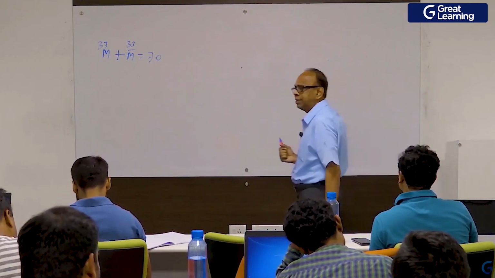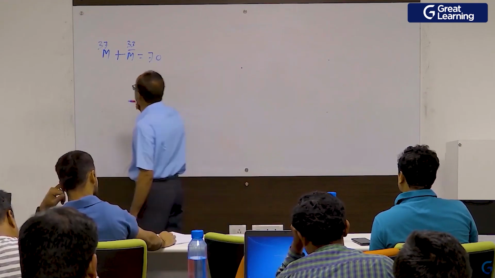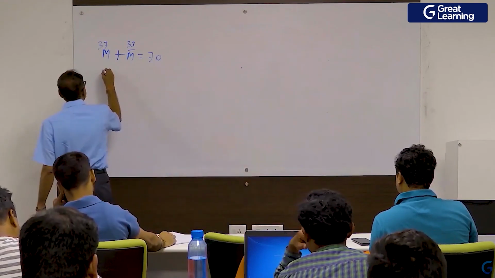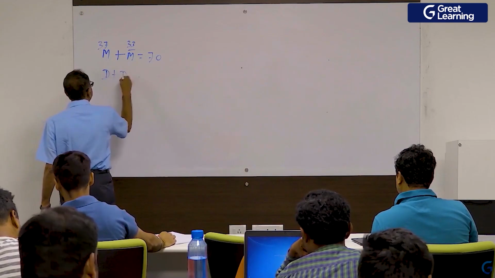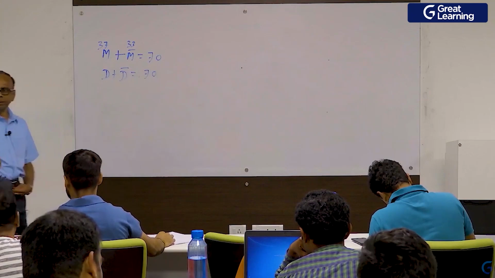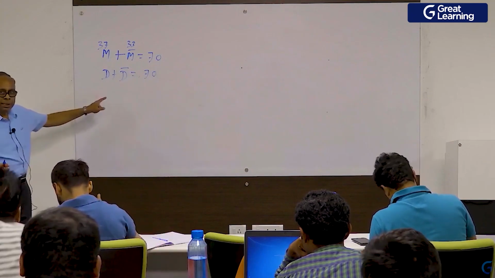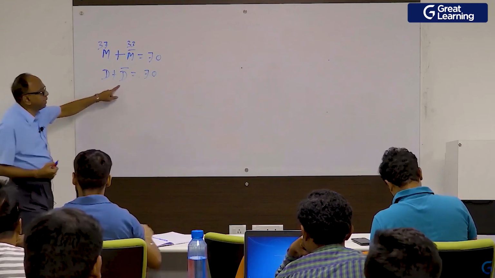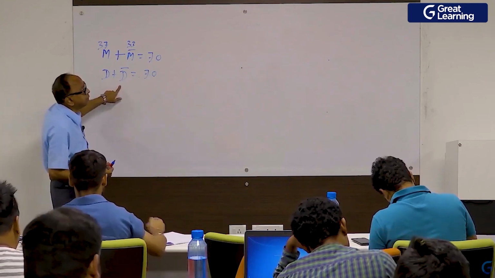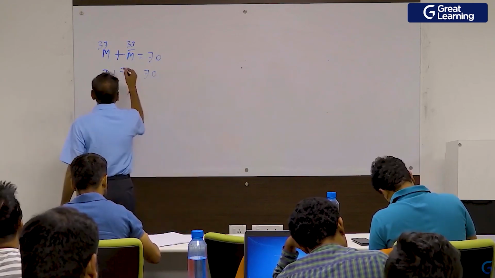36 are teetotalers. The facts are given. They don't drink. So, can I say D plus D bar is equal to 70? Total: those who drink, those who don't drink. Now, in this, what is D bar? 36 people are teetotalers, so this is 36.